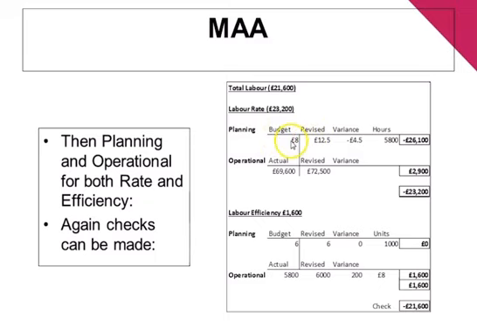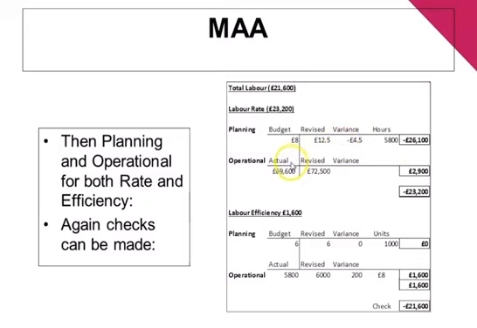Our planning was that we planned to pay everybody £8, but we've ended up paying £12.50, and what that could be, it could be extra overtime, or it could be that people have wanted a wage increase and we've had to pay it unexpectedly. Okay, or we've had to get temporary labour in, and that always costs more than the workforce. And so what you've got, again, be careful, it's the other way around, because you're thinking it's getting worse in terms of cost, it's a negative. And so actually paying your people has really been the problem with your labour variances.